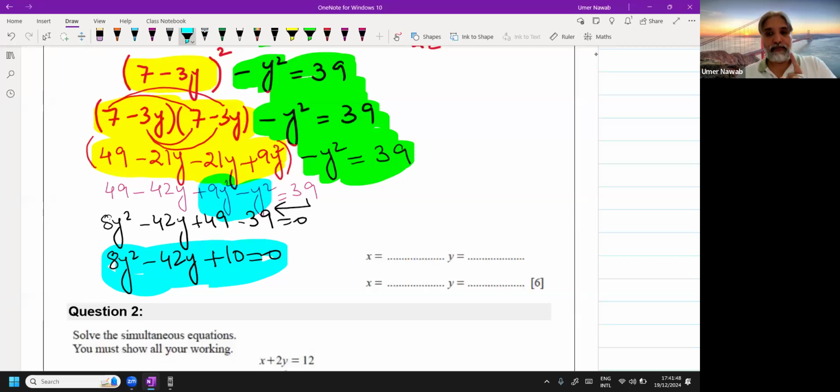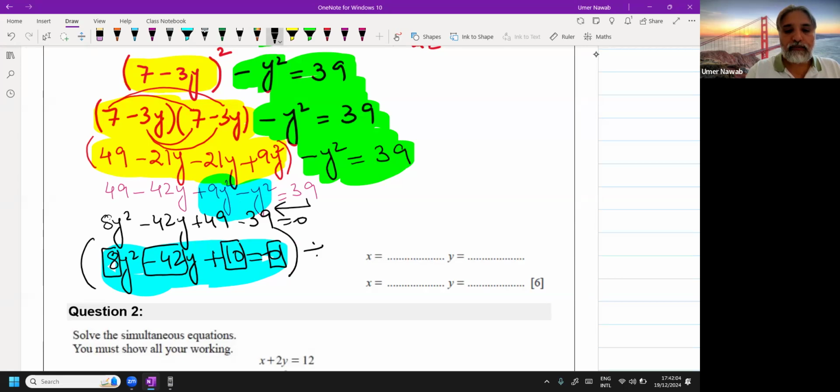One technique which I want to highlight here: because every term has a number which can be divided by 2, why not divide the entire equation by 2? Because it helps you to downsize the coefficients. So 8 becomes 4, 42 becomes 21y, and 10 becomes 5 is equal to 0.